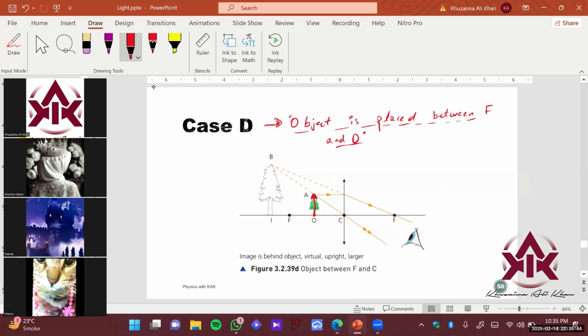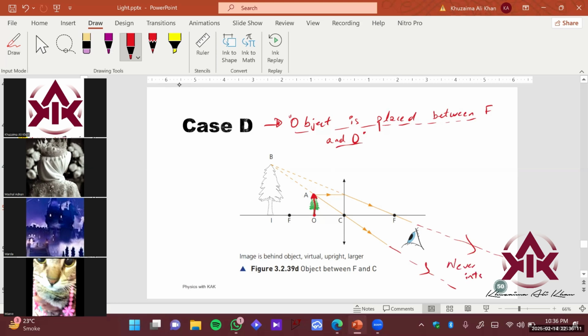The first ray goes perpendicular to the center line and through the principal focus. The other ray passes through the optical center of the lens and goes straight. You can observe that these two rays, if they continue to move, would never intersect.